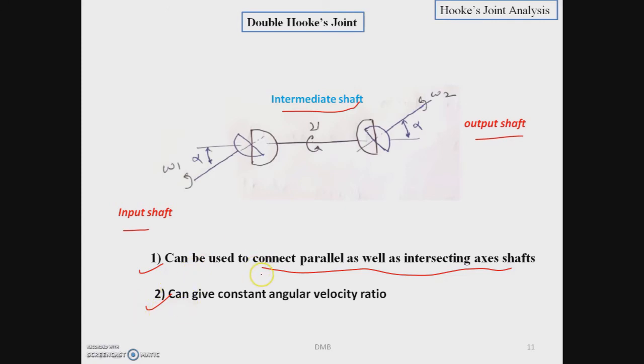In the single Hooke joint, velocity ratio was not uniform because the speed of the output shaft, omega 2, was varying.